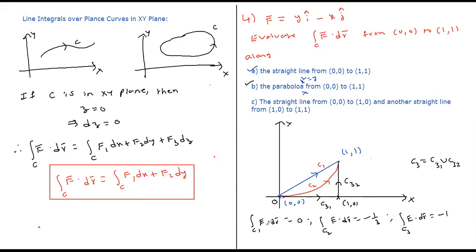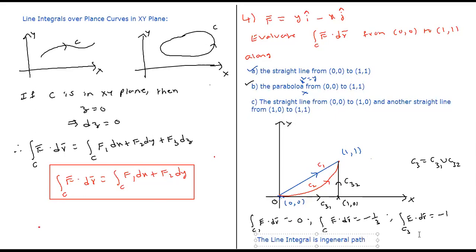Okay, therefore, what is our conclusion? Therefore the line integral may be path dependent, in general path dependent.